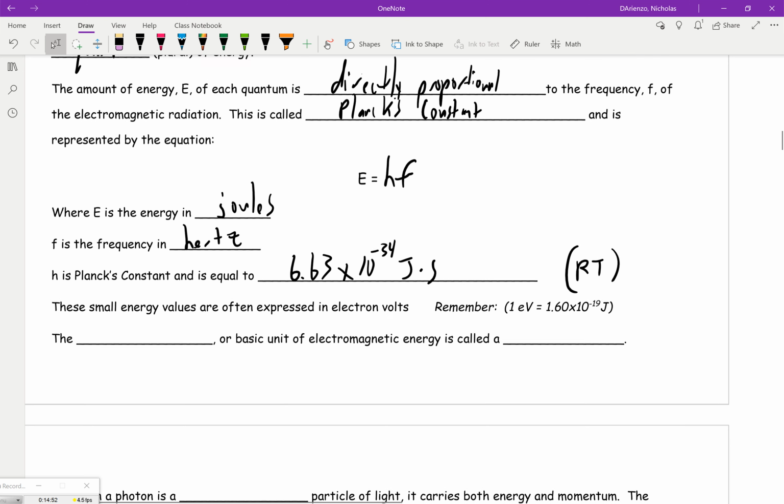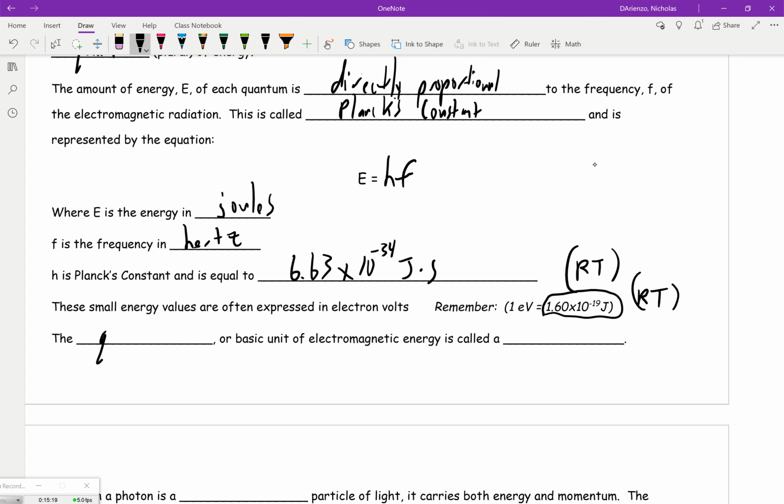Now, for these small energy values we're going to use electron volts. And remember, 1 electron volt is equivalent to this really small amount of energy, 1.6 times 10 to the minus 19th joules. And these values are found on the front page of your reference table in the table of physical constants.